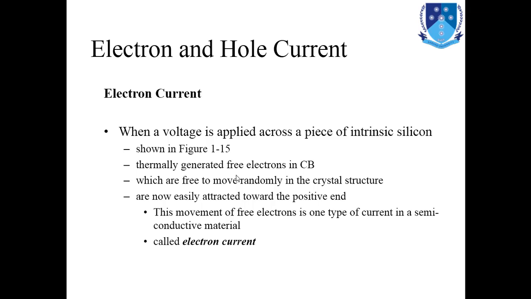Electron and hole current. First we will learn the electron current. When a voltage is applied across a piece of intrinsic silicon, as shown in figure 1.15 on the next slide, it means that we are applying some external voltage to a piece of intrinsic silicon.